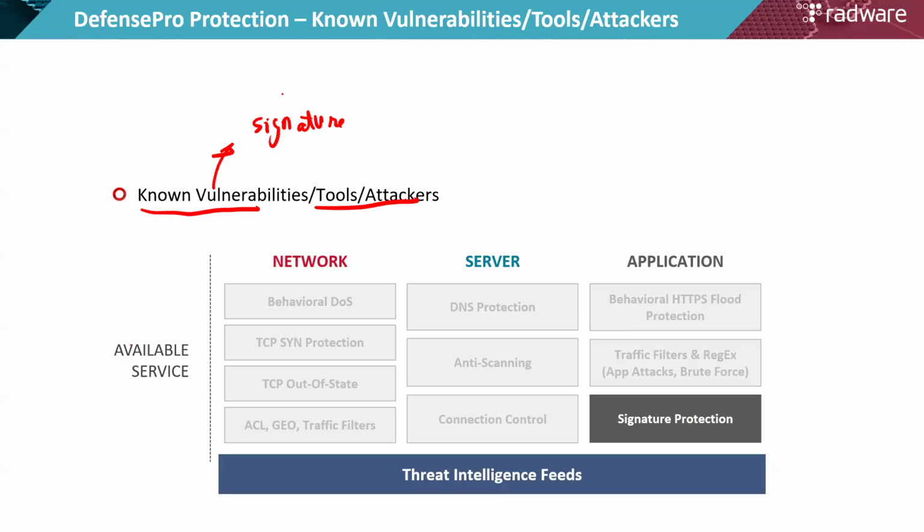Then you have threat intelligence feeds as well. This is a new feature. What this does is that you can check all the IP addresses that you have noticed within an attack by putting them under the threat intelligence feed. Let's suppose we have seen an attack coming from a particular IP address.